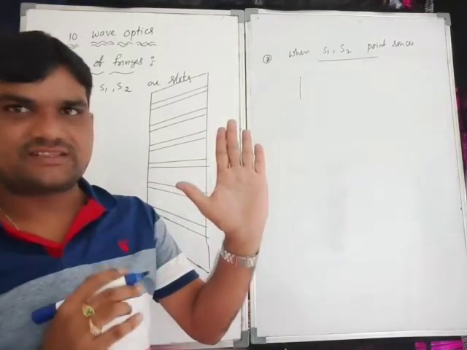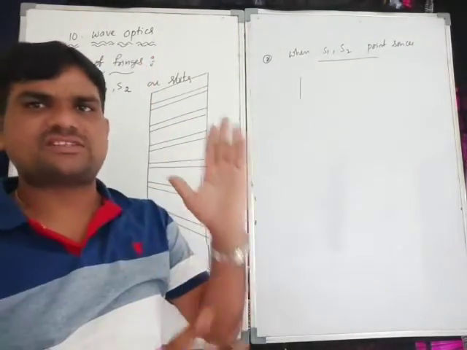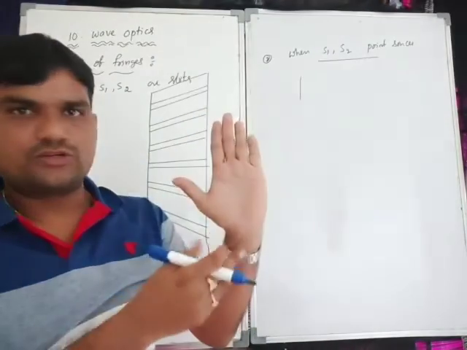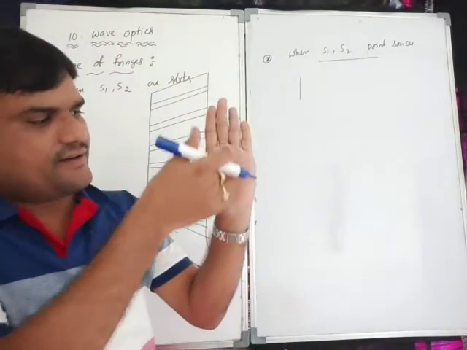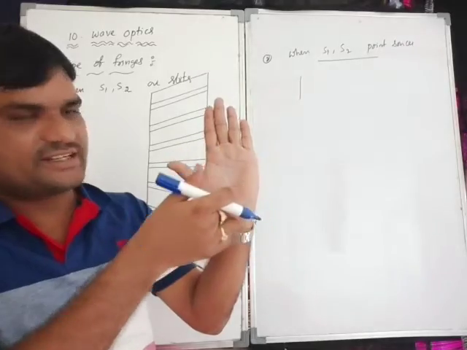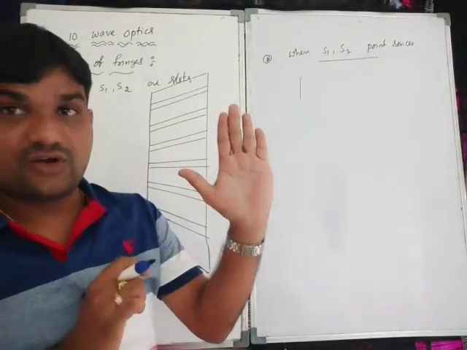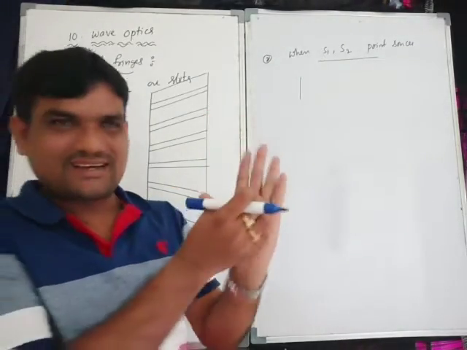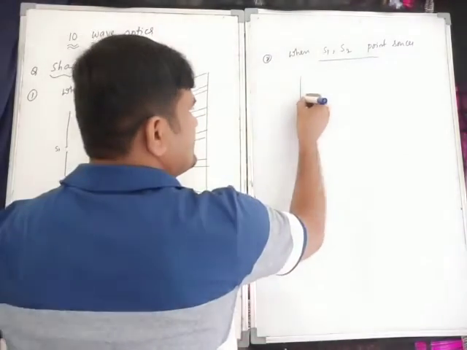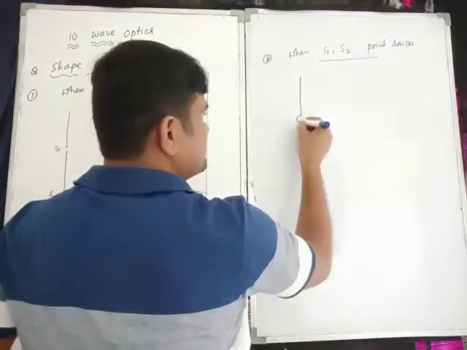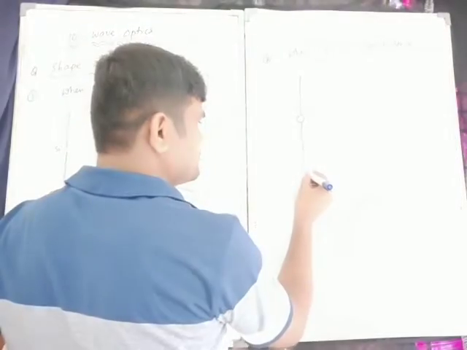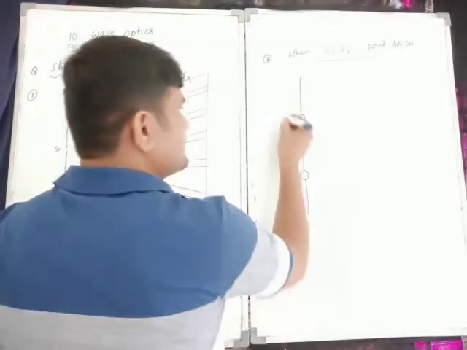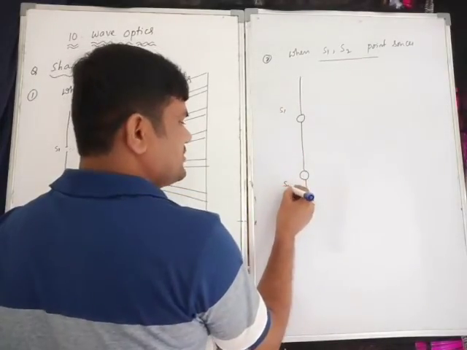So a small slit is a cardboard. Now a point source means a circle, in this manner. This is S1 and S2.